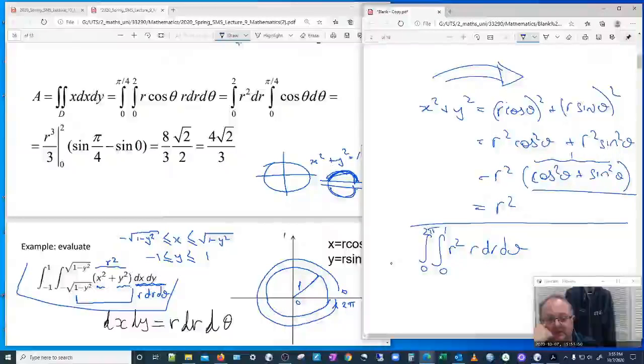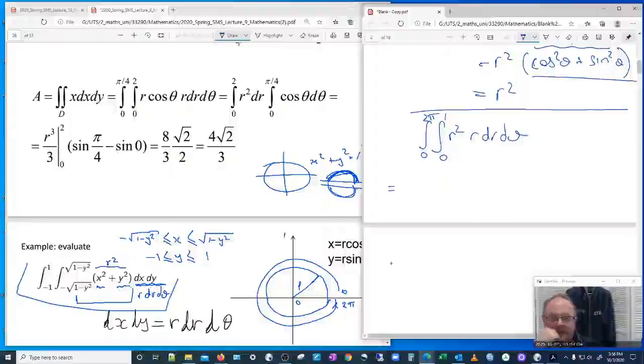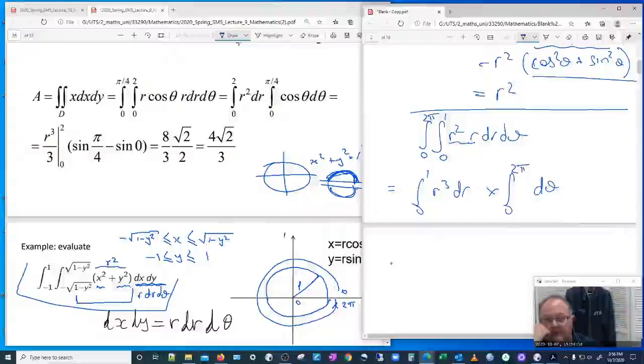And again, you can do this. Now notice there's no theta terms here, so if we do Fubini's, it's going to look a little bit odd, but that's okay. We'll do 0 to 1. Now notice that r times r squared is r cubed, dr, multiplied by the integral from 0 to 2 pi, d theta. Now you know what that means. I pointed this out to you last time.